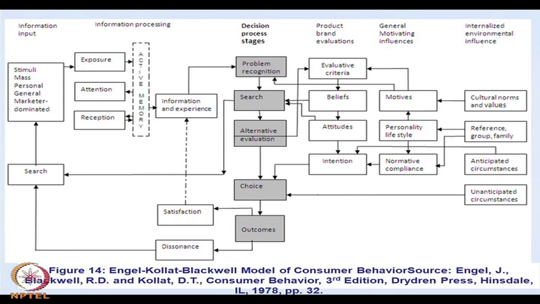If such sources seem insufficient, he could go in for some search for information, and this search activity could also be impacted by certain kinds of environmental forces. So, there is a problem which leads to a search for information about the product category and about the brands. The information search relies basically on internal sources, which is primarily one's memory.